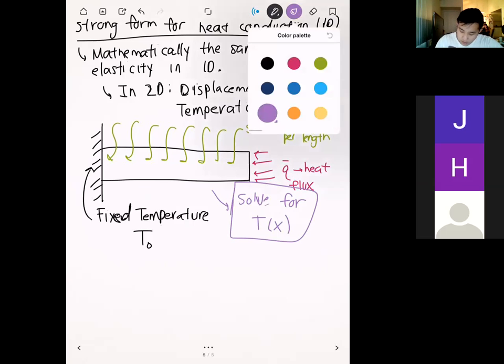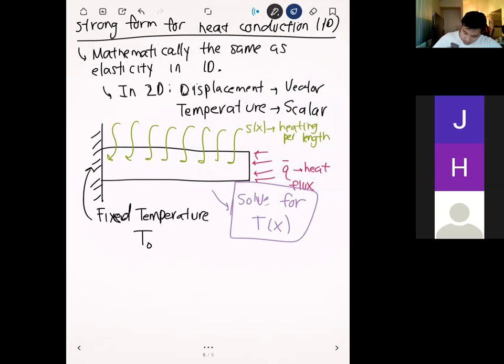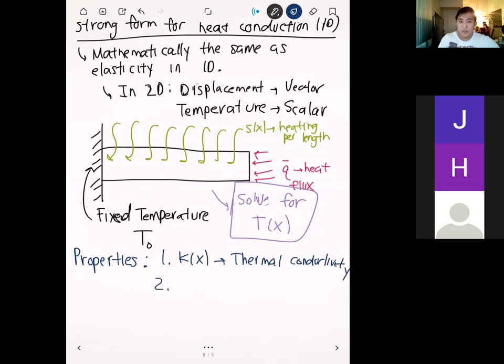All right, so let's talk properties. In elasticity, we had properties like the Young's modulus and the area. The equivalent for those in heat transfer is the thermal conductivity. We'll give that the symbol K. How long has it been since everyone's taken a heat transfer course?